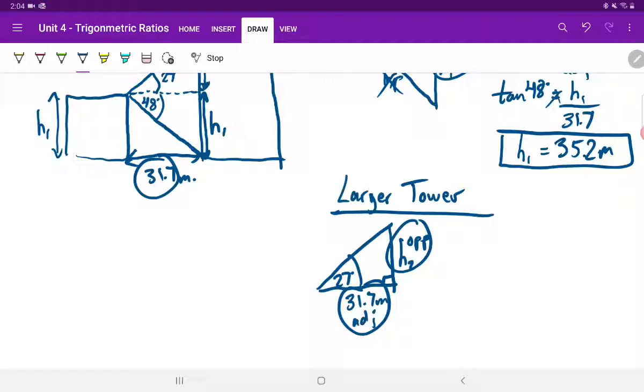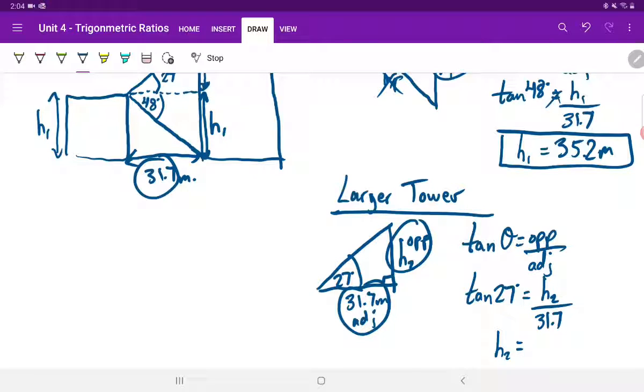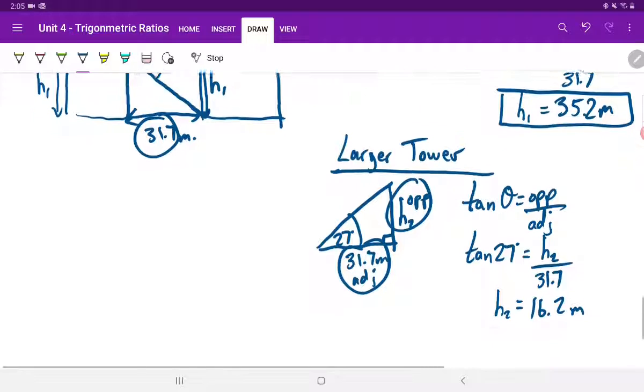So it's your tan ratio once again, TOA. Okay, H2 divided by 31.7 this time. Cross multiply. You end up getting tan 27 times 31.7. Okay, and you get 16.2 meters there.